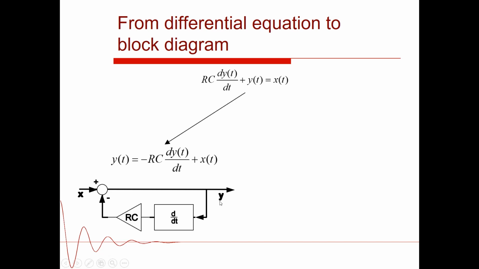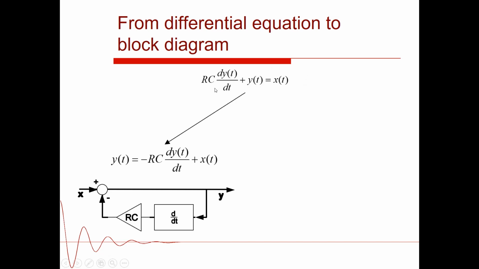A more commonly used approach is by using only integrators, and that is because of the way computers integrate instead of differentiate. So in that approach, where we only use integrators, we do the other way around. We put the highest derivative of my differential equation to the left side, and all the other parts to the right side of the equation.